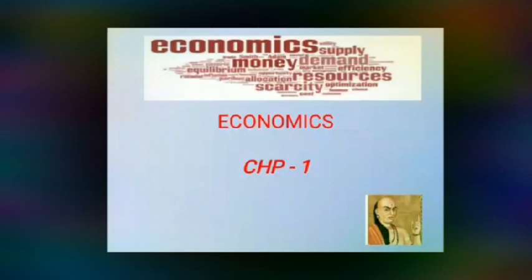Economics is a part and parcel of your normal life. First, let me give you an example to make you understand the term economics, and then we'll see the technical part of it through the definition. Now just imagine this as an example: this is a boy who is studying in a college.